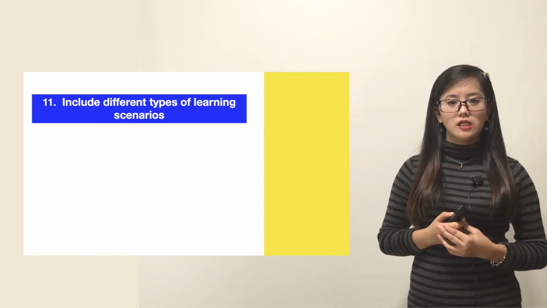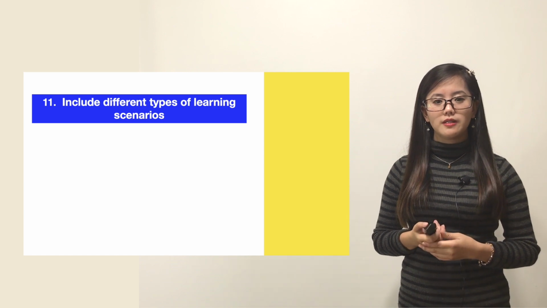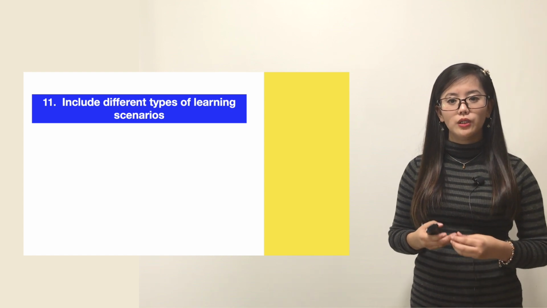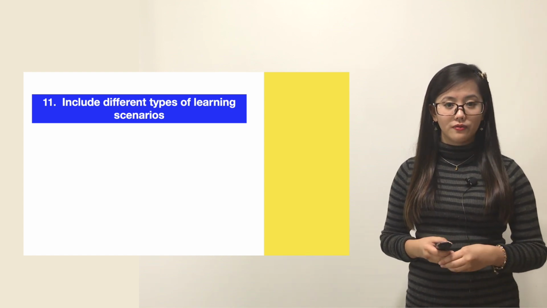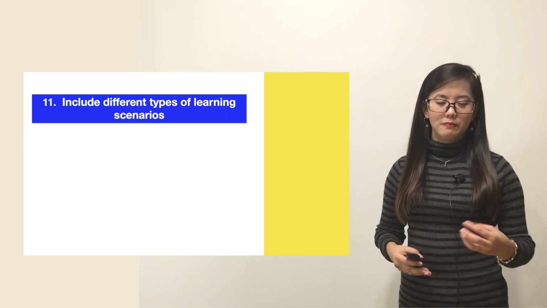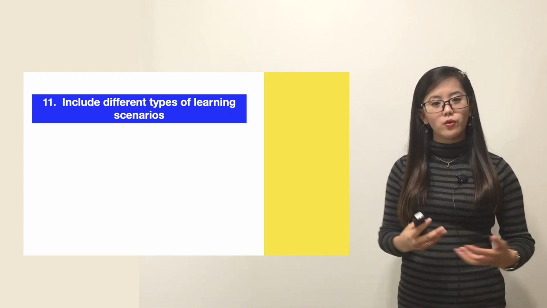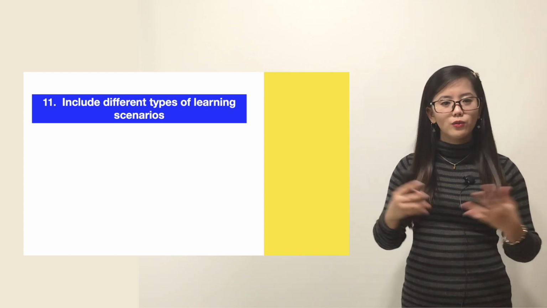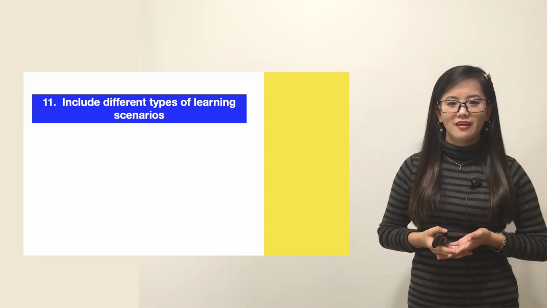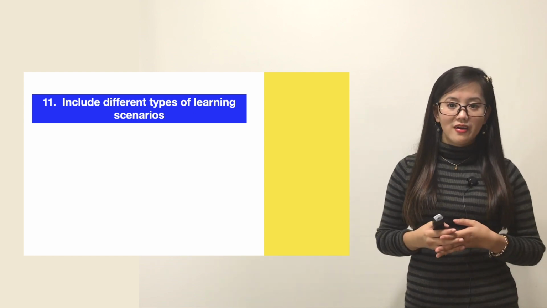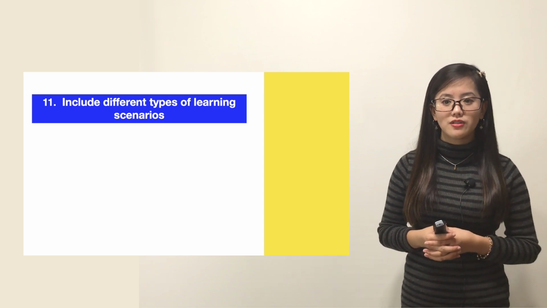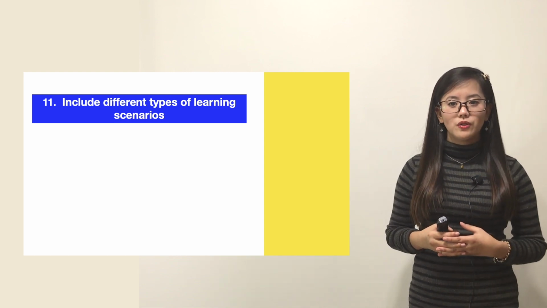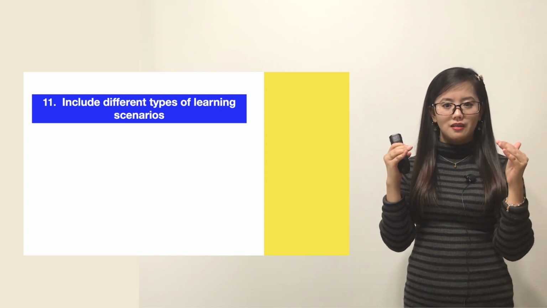In our lesson here, another thing is we have to include types of learning scenarios. As I mentioned earlier, we have to use real world or real time situations, real world scenarios, right? So studies suggest that collaborative learning that focuses on rich context and challenging questions produces higher order reasoning.